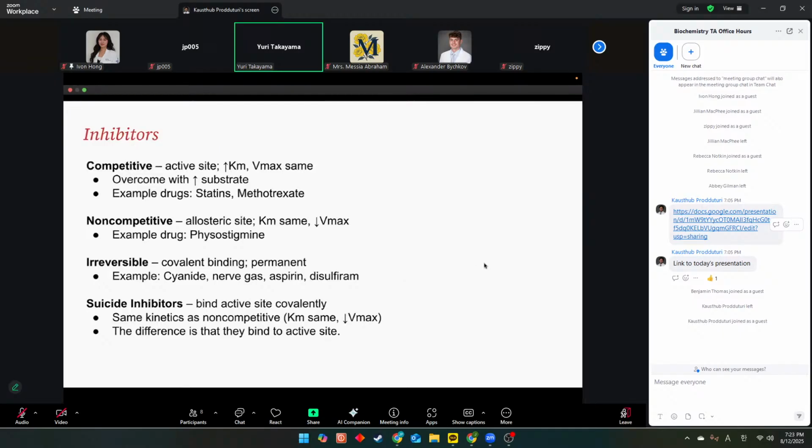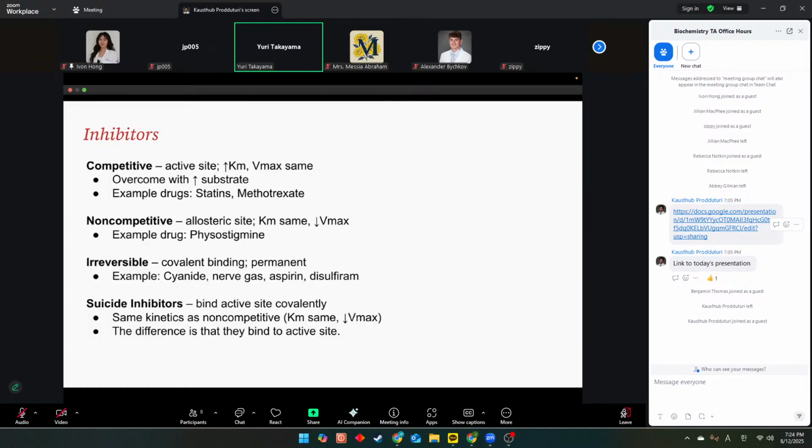Now we're going to talk about inhibitors. The first one is the competitive inhibitor. The competitive inhibitor is structurally similar to the enzyme's natural substrate, so it competes for the active site. If enough substrate is present, it will eventually outcompete the inhibitor for the active site.